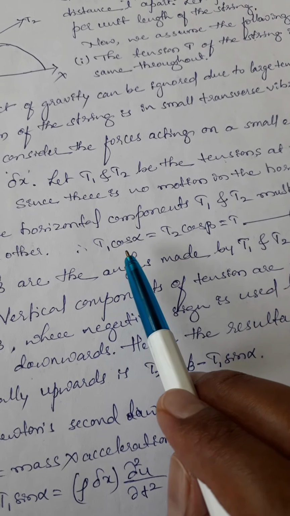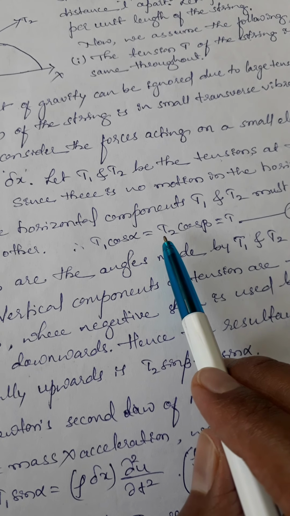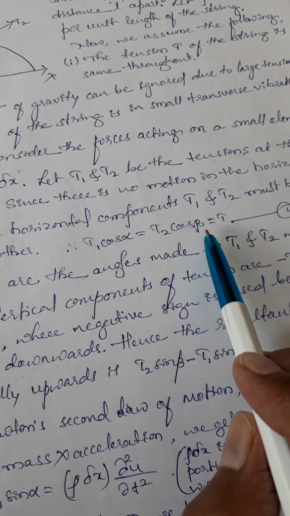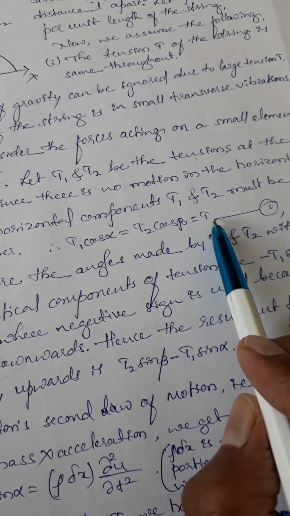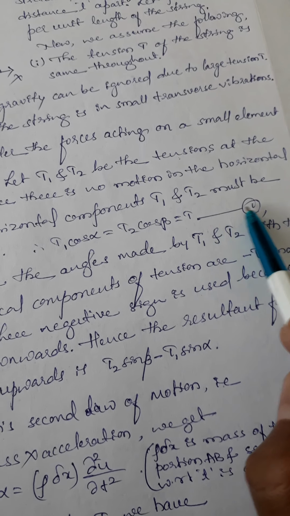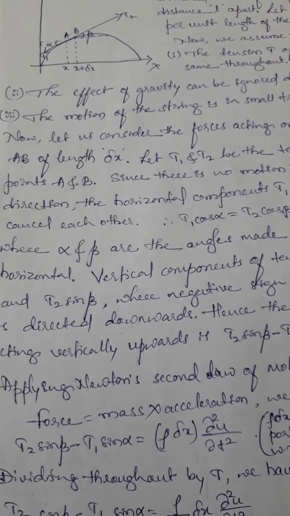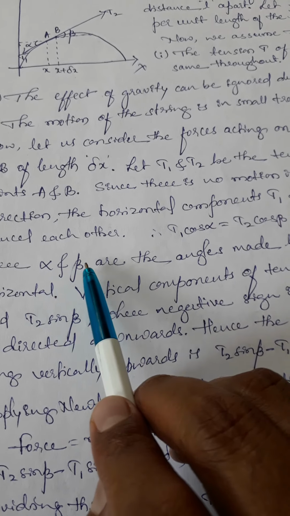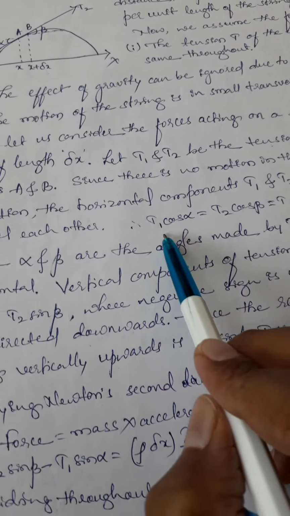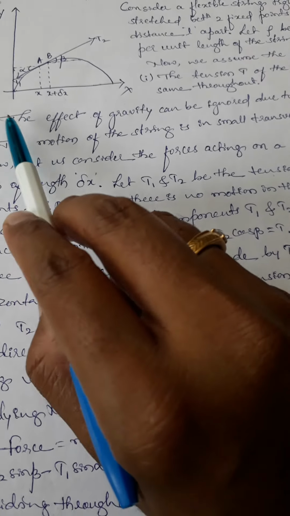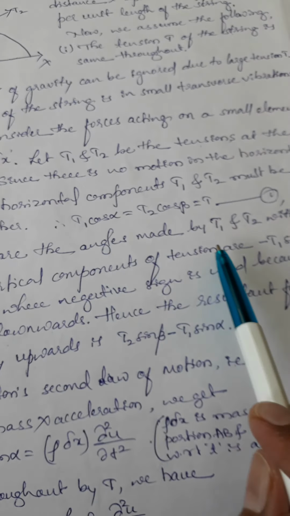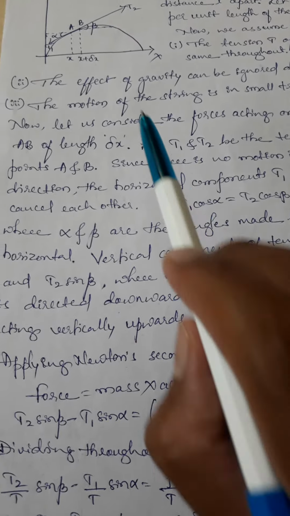Therefore, T1 cos alpha and T2 cos beta are equal to T. We call this equation number 1, where alpha and beta are the angles made by T1 and T2 with the horizontal.